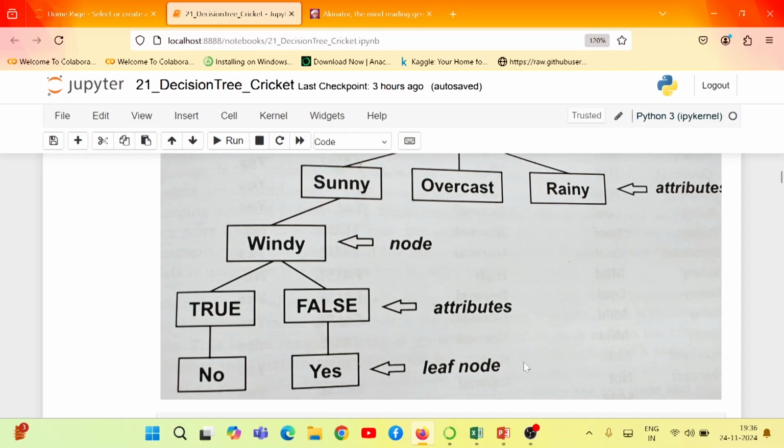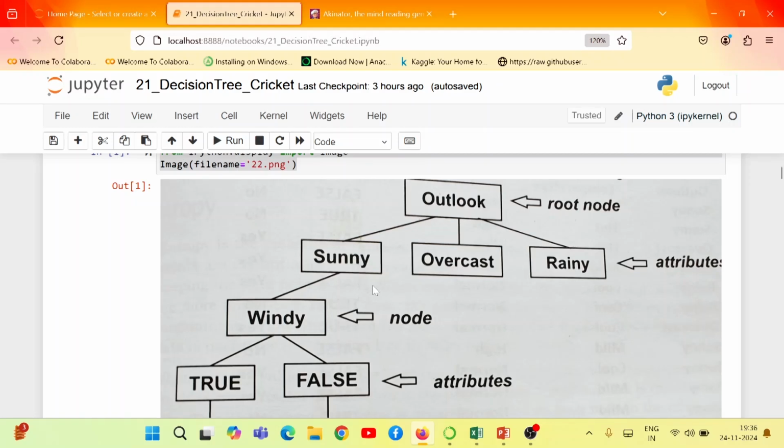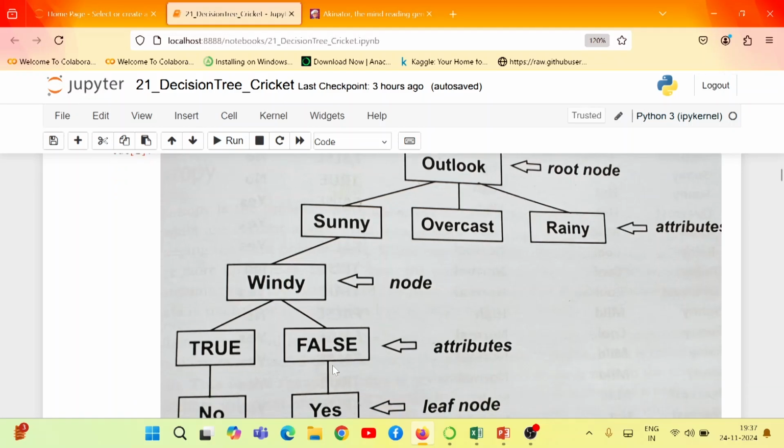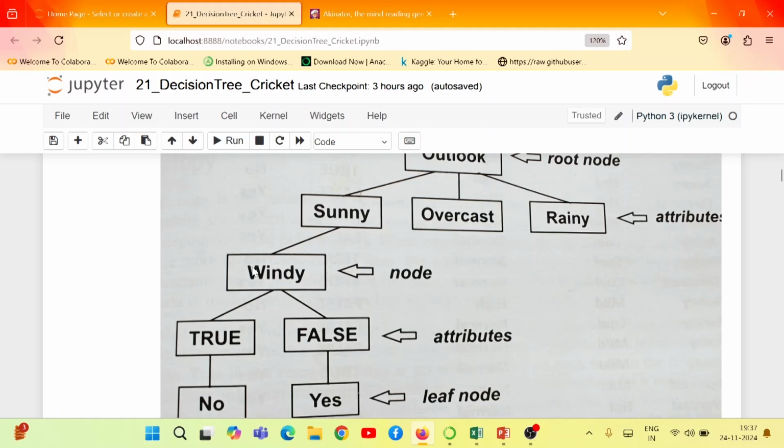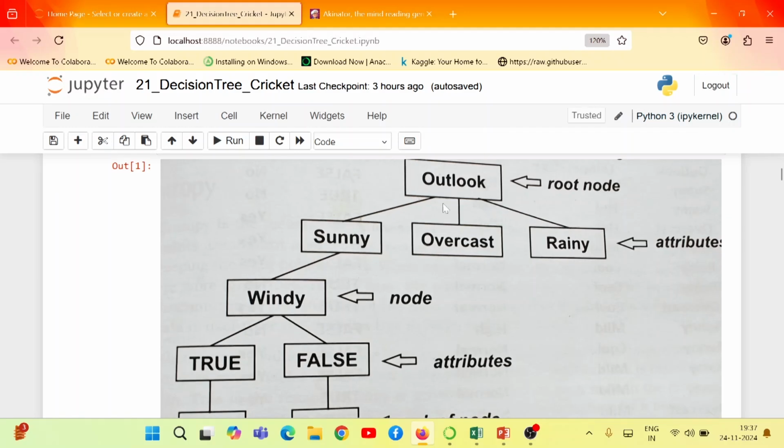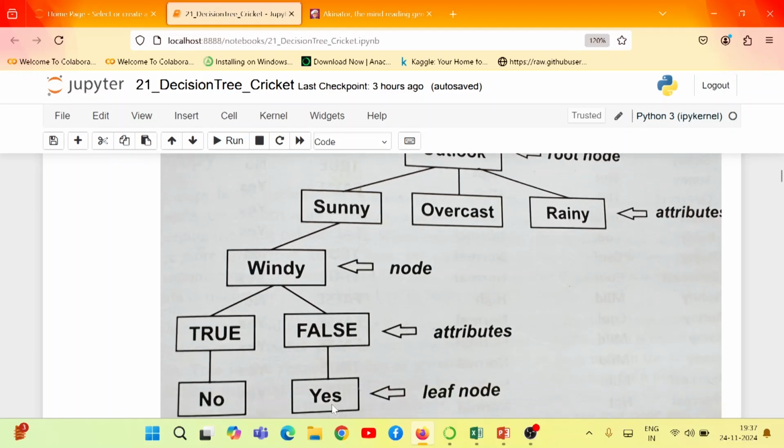So a decision tree arrives at a final decision after checking several conditions. For example, if outlook is sunny, then it will check if windy is true or not. Then it gives the output. If it is true, it will give the output as no. If outlook is sunny and windy is false, then it gives the output as yes.